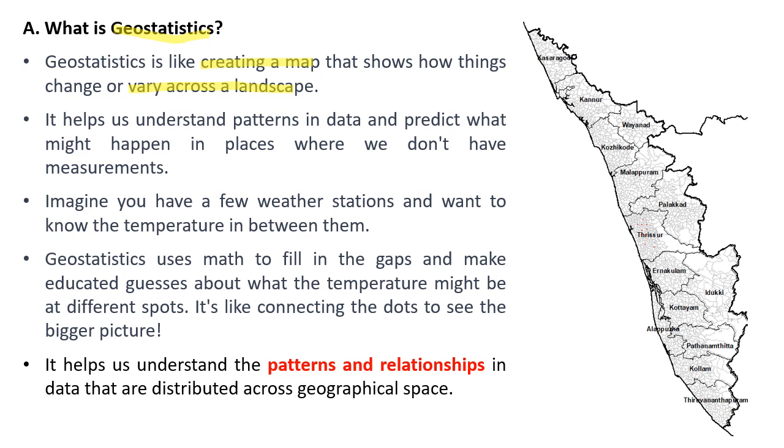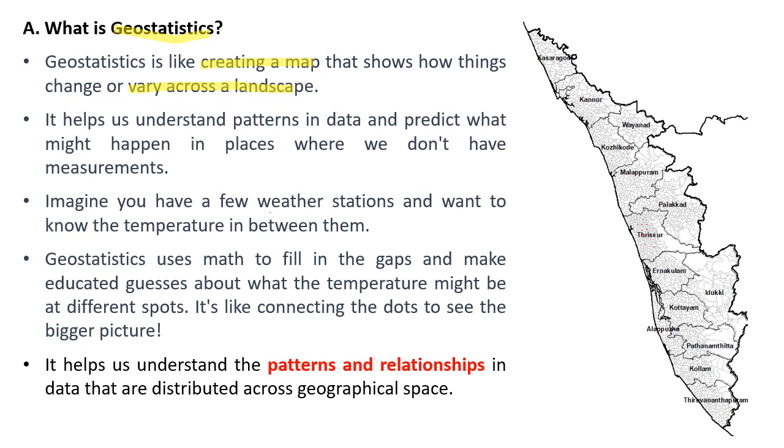So with the help of geostatistics, we can predict and we can create the raster layer or continuous layer, because this is discrete information. The information is at the points only, but in between the points, there is no information. For that very purpose, geostatistics plays a very important role.